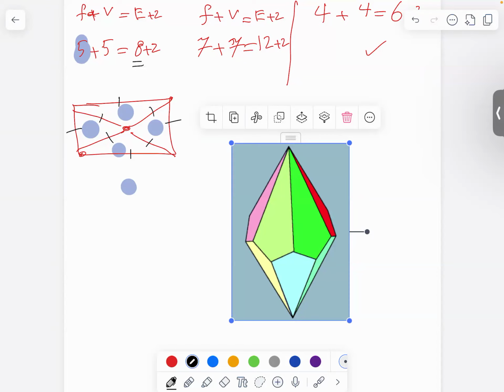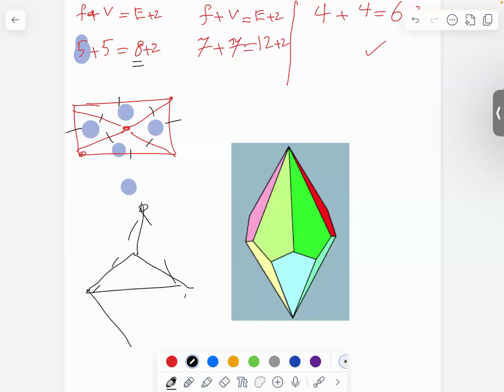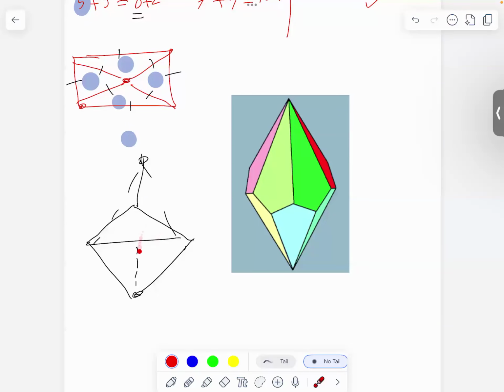But if you get the same thing here, this is called a bipyramid. So this guy is a bipyramid. So again, the Euler formula is true for this one as well, and for a prism as well.